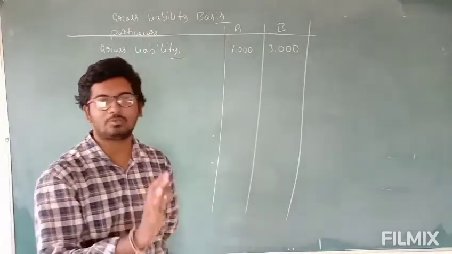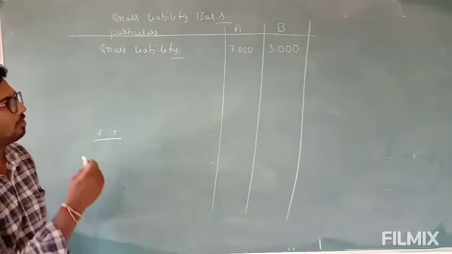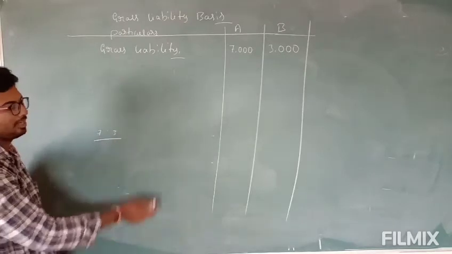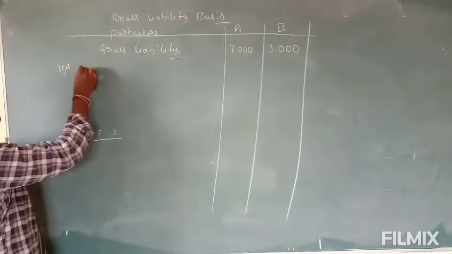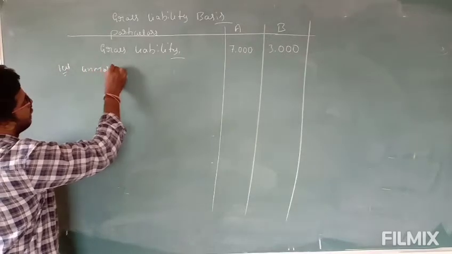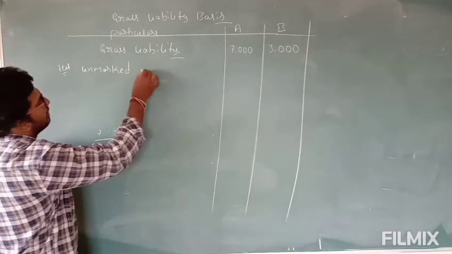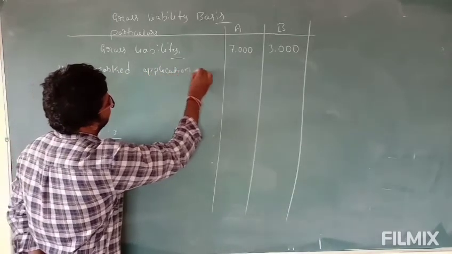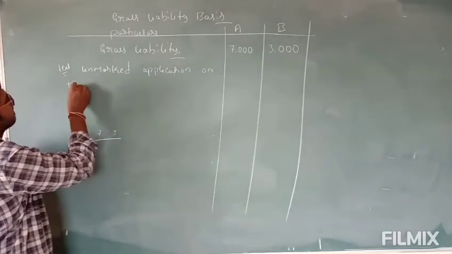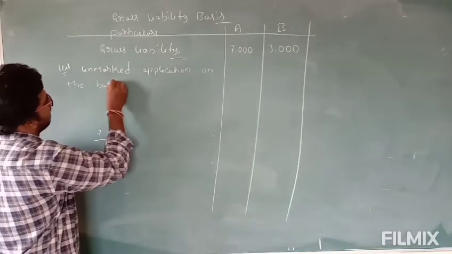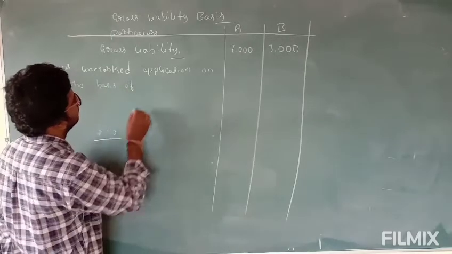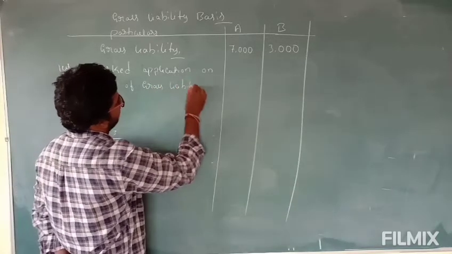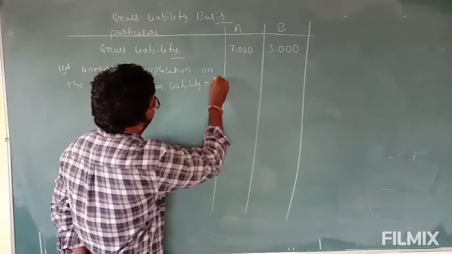The unmarked applications, which we calculated initially, is 1,000. So look at the format, go to the next step. First step, take the gross liability, then less unmarked applications on the basis of gross liability ratio.